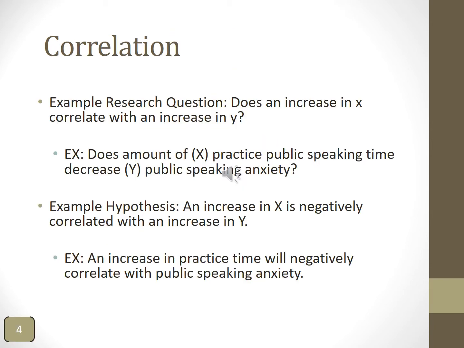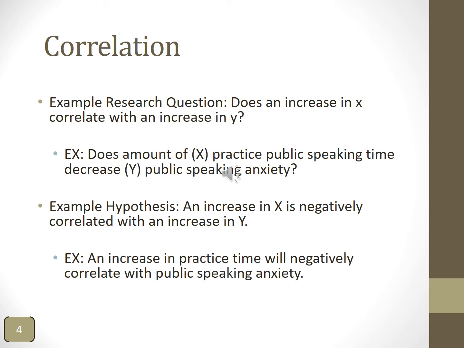When we use the language of correlation, we are talking about relationships. So an example research question would always say something like, does an increase in Y correlate with an increase in X? So an example would be, does the amount of public speaking practice time decrease public speaking anxiety?